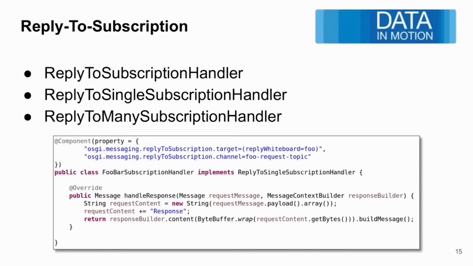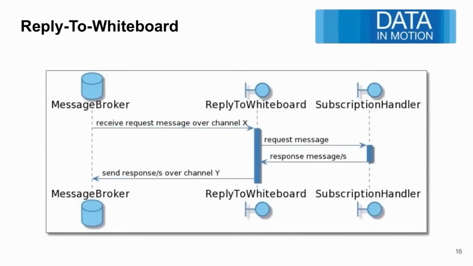And in addition to that, you need some service properties to bind the service to a certain reply-to whiteboard instance, and a second one to give information about the request channel you want to subscribe to. So if a request message arrives on the defined request channel, it is accepted by the whiteboard, and the whiteboard then delegates the request message to the corresponding subscription handler that was injected into the whiteboard instance.